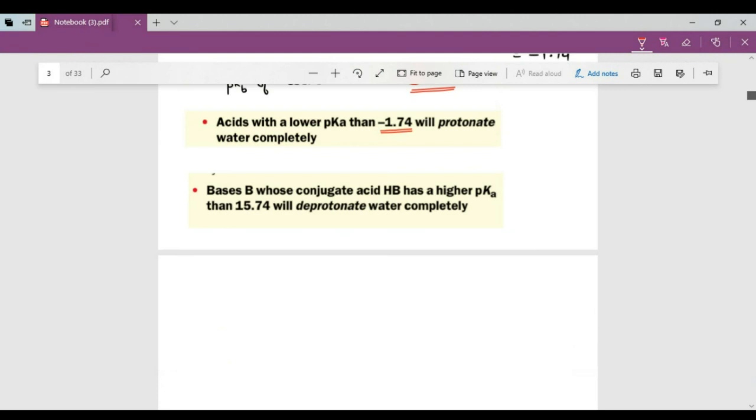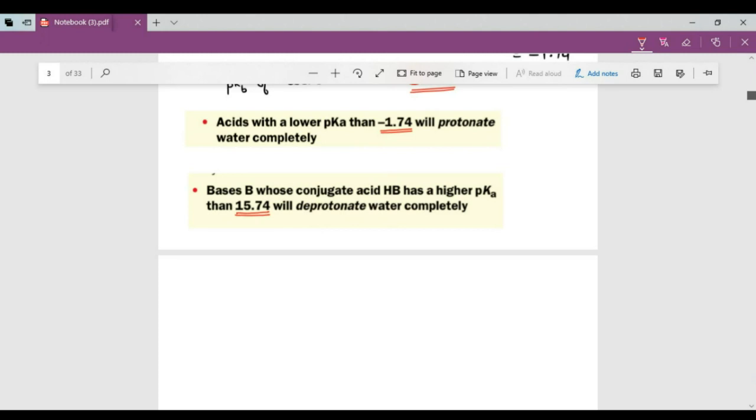Similarly, all bases whose conjugate acid has a pKa higher than 15.74 will deprotonate water completely.